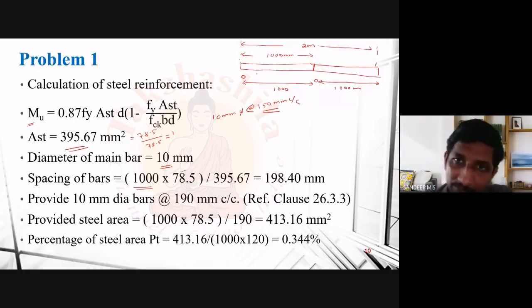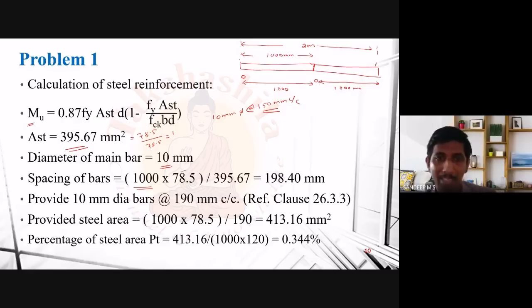Right now we obtained Ast as, in this case, 78.5. Arbitrarily I am taking it as 78.5, and I am going to provide 10 millimeter diameter bars. So basically I will need to provide one single bar in this 1000 millimeters.